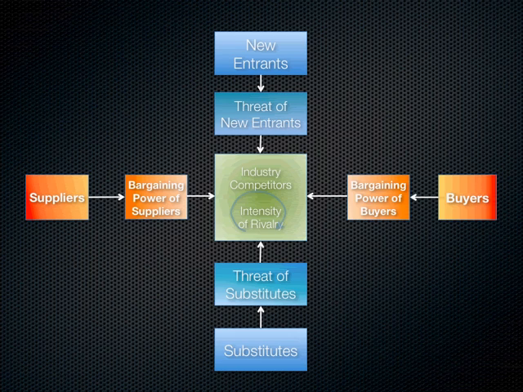In a reverse but similar way, with buyers and the bargaining power of buyers, if there are a large number of buyers, then the individual buyer has relatively low power. But if there's a small number of buyers compared to the number of competitors in the industry, the power changes. So we look at all of these as a way of describing the competitiveness in a marketplace or in an industry.